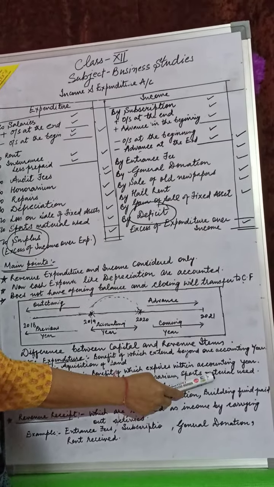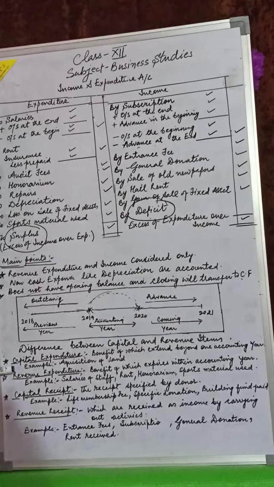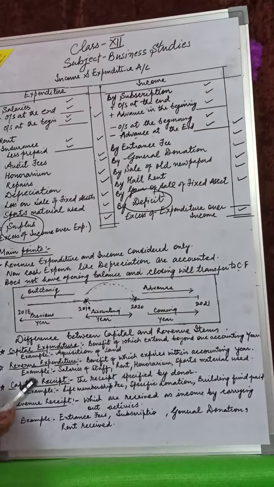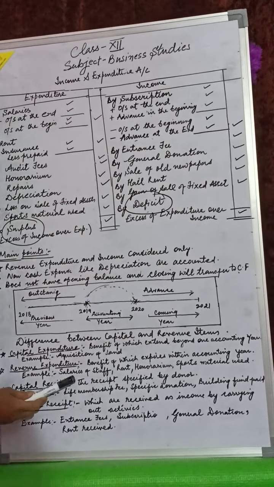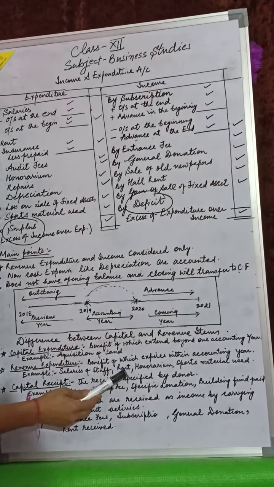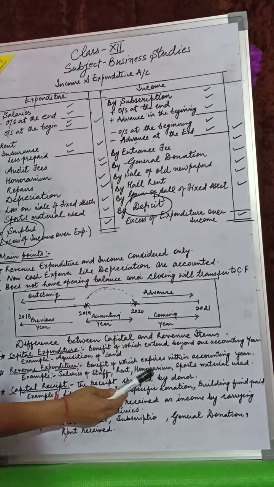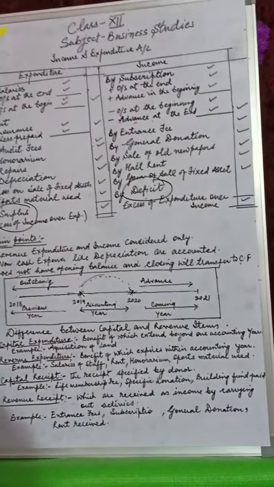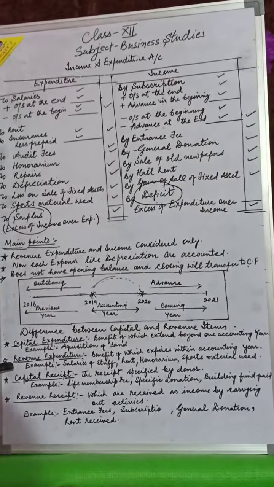This is the main difference. In capital expenditure, the benefit extends beyond the accounting year, but revenue expenditure expires within the accounting year. What are the examples of revenue expenditure? These are salaries to staff, rent paid, honorarium paid, sports material used.